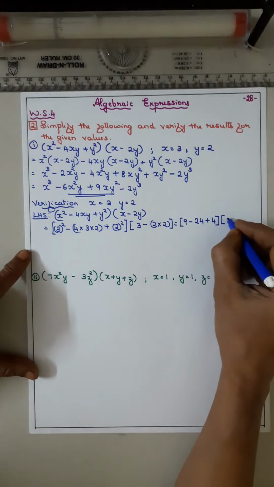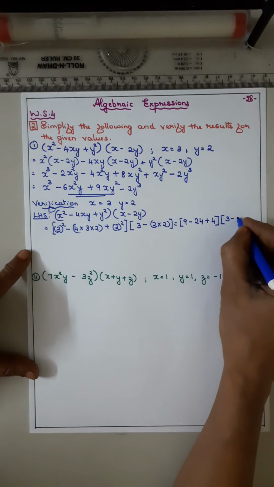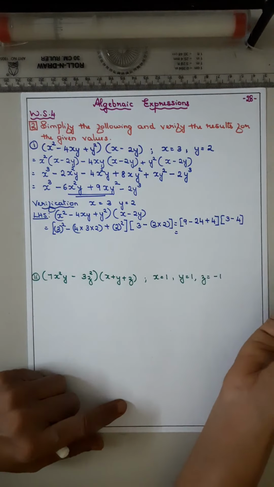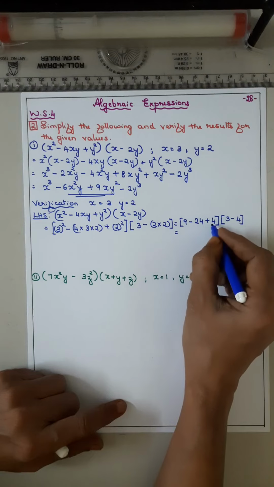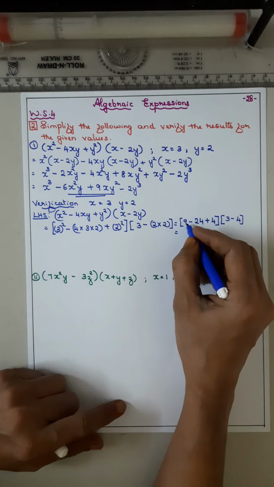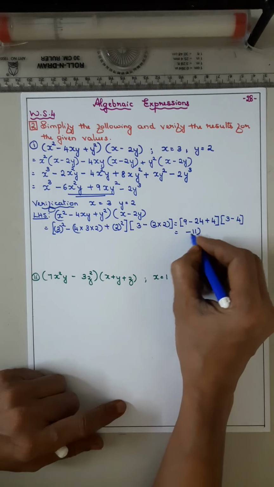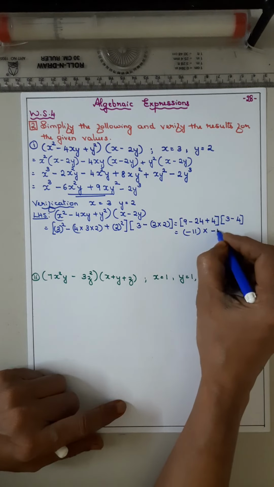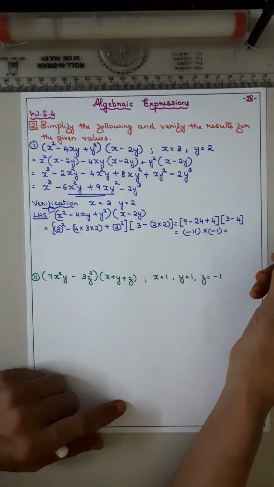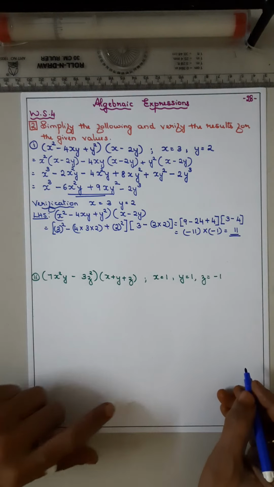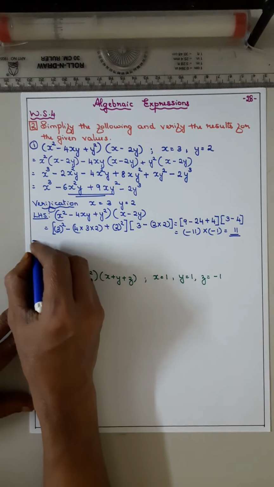Now 3 minus 2 twos are 4. So you got how much? Minus 24 plus 4. It will be minus 20. Minus 20 plus 9. It will be minus 11 into 3 minus 4 means minus 1. Now minus minus becomes plus. So 11 ones are 11. Clear?